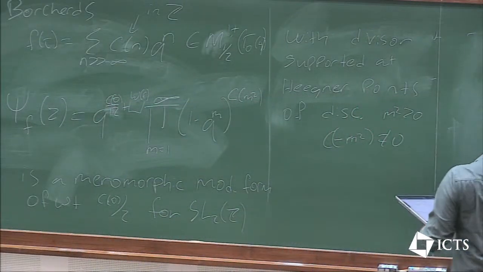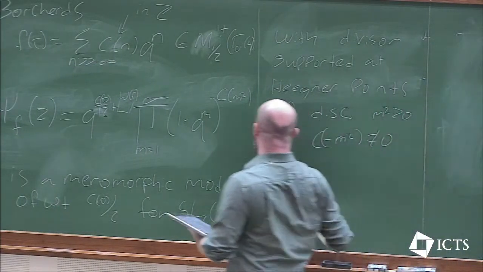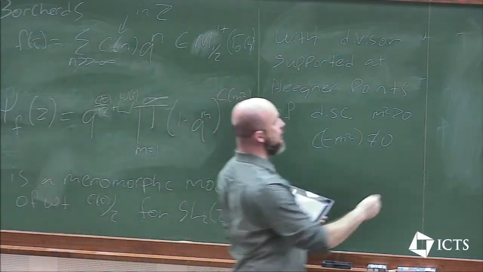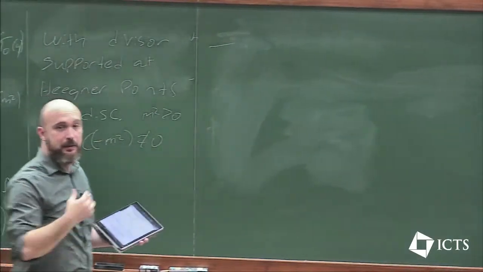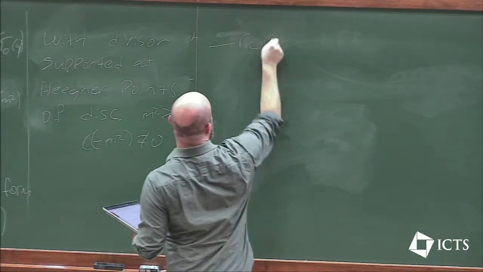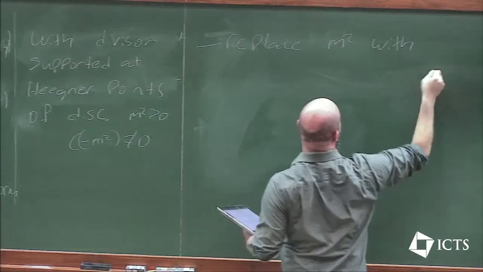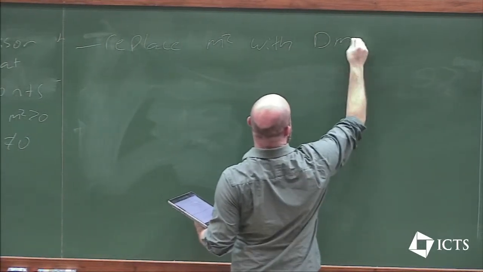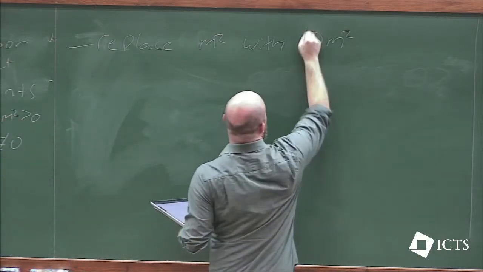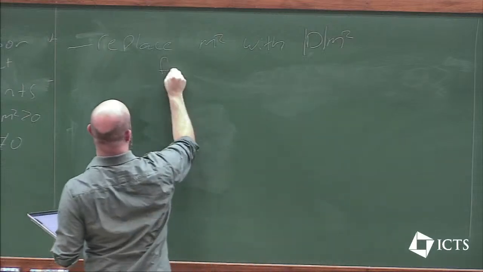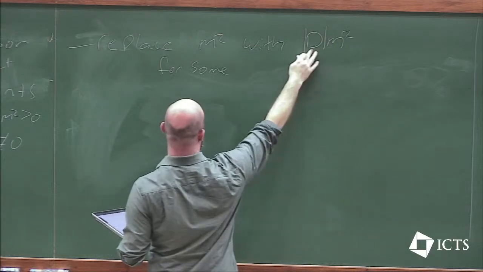Now there are some things that we can adjust here. I specifically picked out square coefficients. I can replace that with a square class. Instead of just squares, some square class, maybe with d m squared, or maybe the absolute value of d times m squared, for some fundamental discriminant d, or some discriminant d.